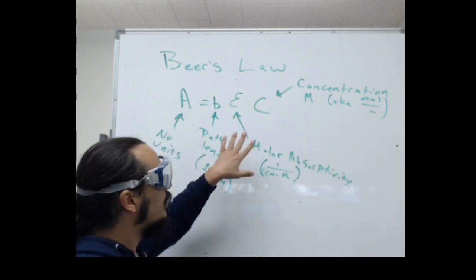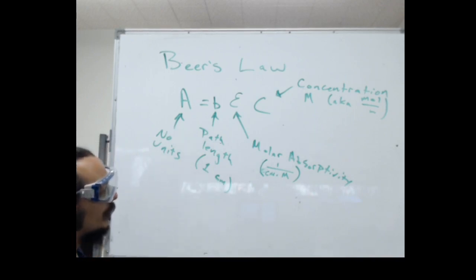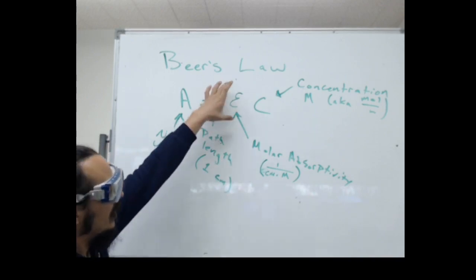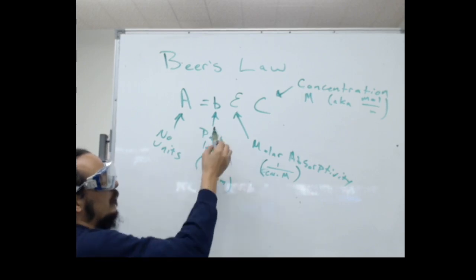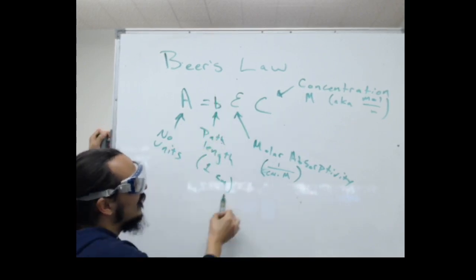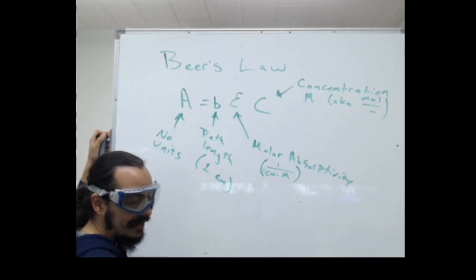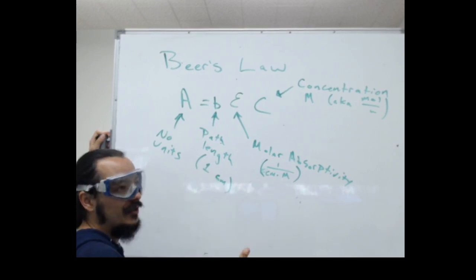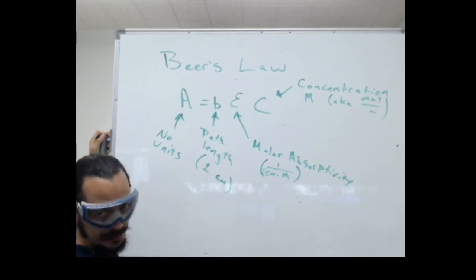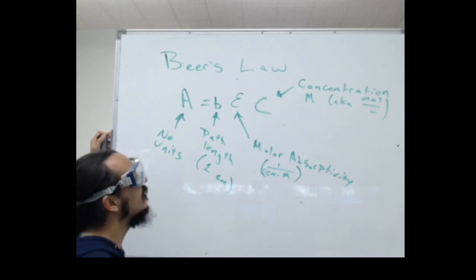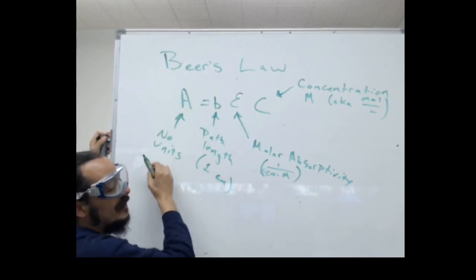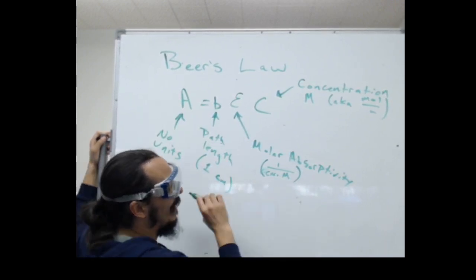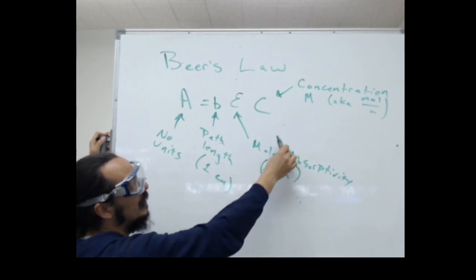Most importantly, though, I want to focus on molar absorptivity for just a moment longer and talk about what gives rise to molar absorptivity. Path length is pretty straightforward. It's the light distance traveled inside the solution, not to be confused with wavelength. Path length is different. Absorbance is just how much light is making it through, or rather, how much light isn't making it through.